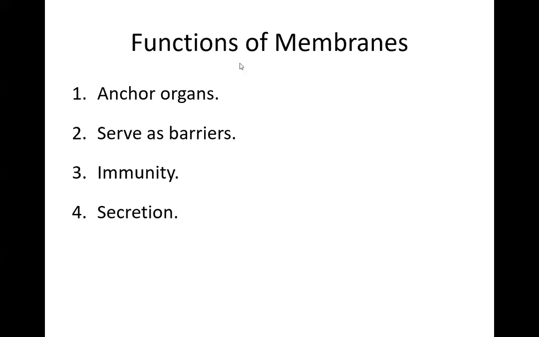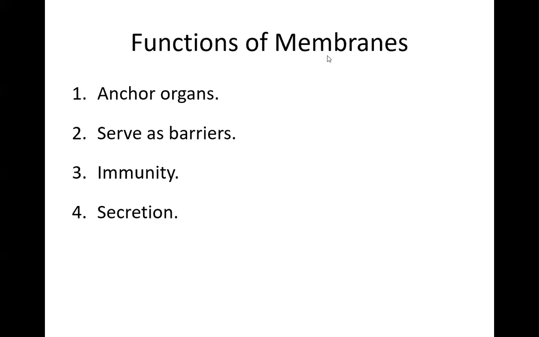What are the functions of the membranes? They anchor organs and they serve as barriers and they are important for immunity. They provide a fence, a form of innate immunity, natural immunity, generalized immunity to prevent anything that is a threat, whether bacteria, viruses, parasites, or fungi, from entering into the tissue.